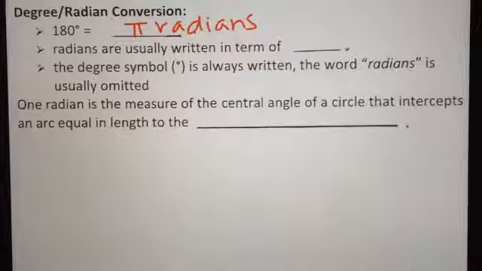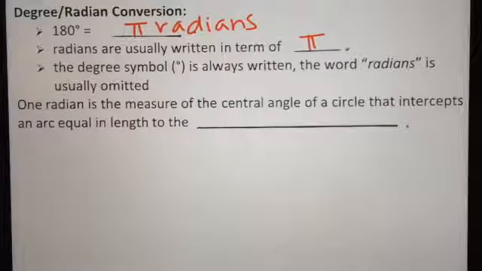So radians are usually written in terms of pi. If you have a small number that doesn't really look like it's in degrees and there's no bubble and it's like a crazy decimal, it's probably still in radians, and they just didn't write the word radians because they didn't have to, and they already multiplied the pi into the number. So that you can watch out for that. That will happen sometimes. All right, so the degree symbol is always written, just like I said. The word radians is usually omitted, usually not there.